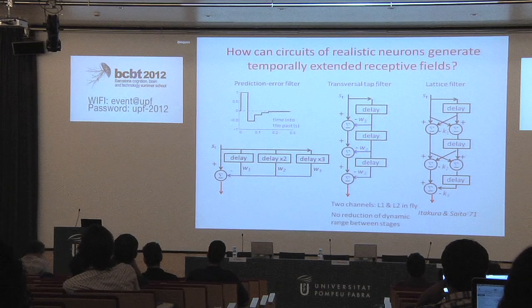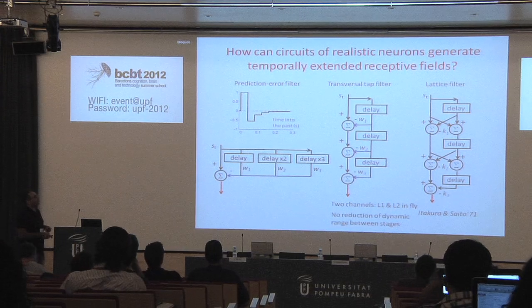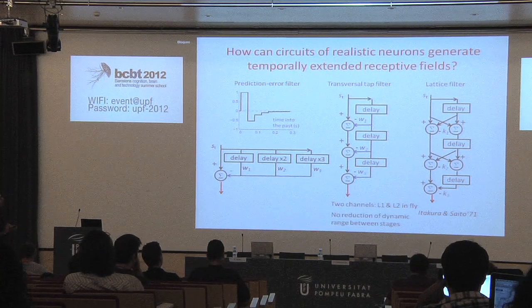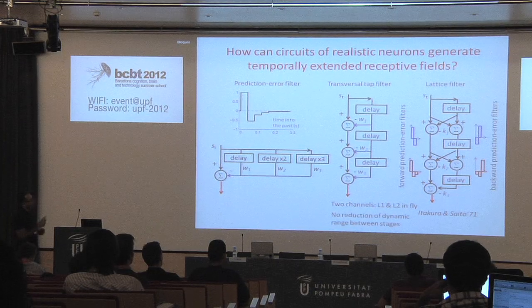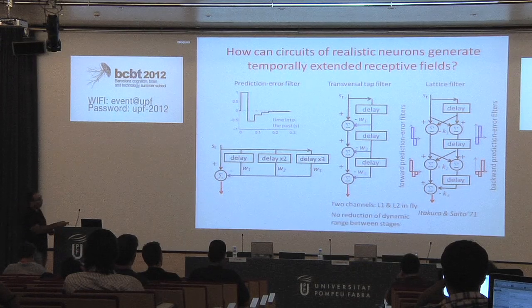Okay, so this is what's called the lattice filter, and before going too much into its many wonderful properties, let me give you two main predictions that this model would give you about the receptive field.